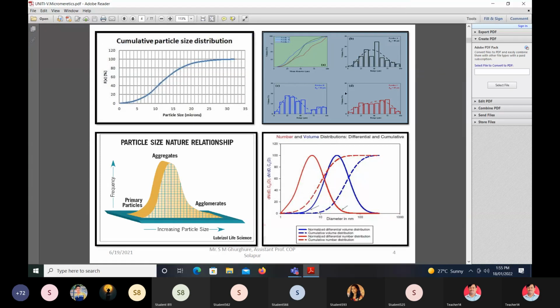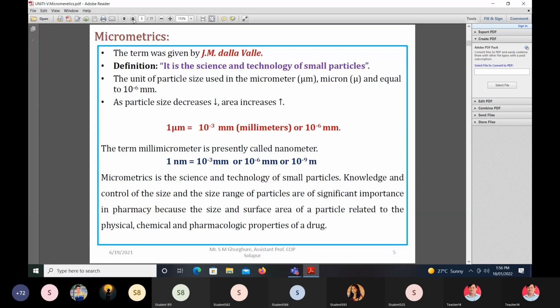We are getting different types of graphs, and these graphs clearly indicate that pharmaceutical powders are not dispersed in a uniformly sized distribution. Then afterwards, we'll start with micromeritics.